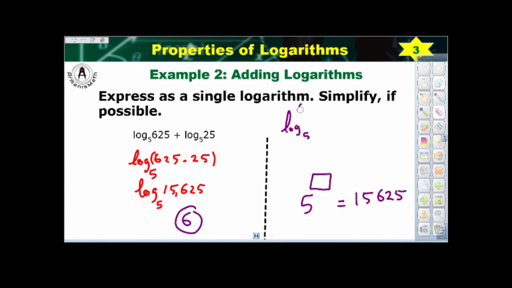What would take me from 5 to 625, just this portion by itself? 4? Okay, well, this means you made a mistake. It's not 6, it's 4. Now, how much would it be if I go to 25, from 5 to 25?